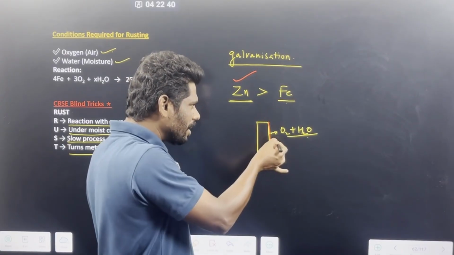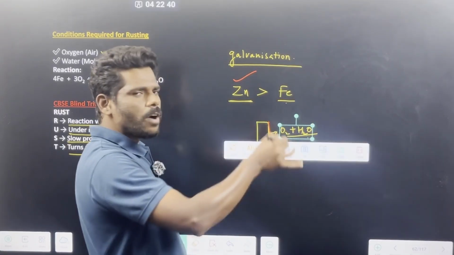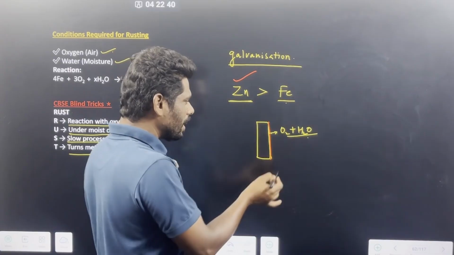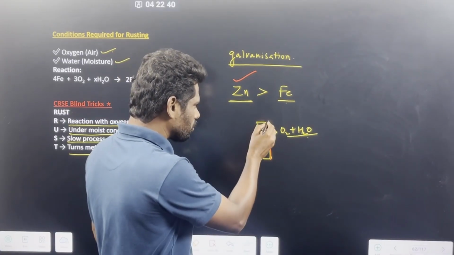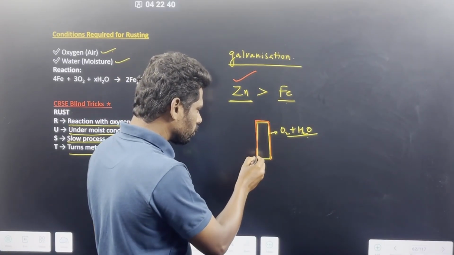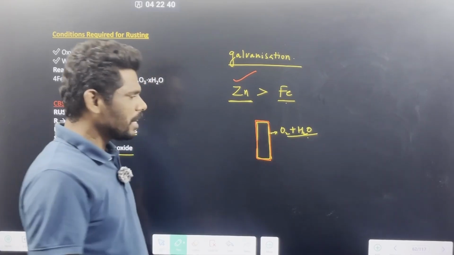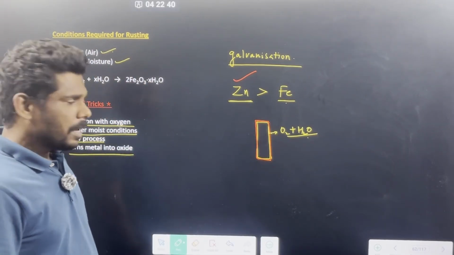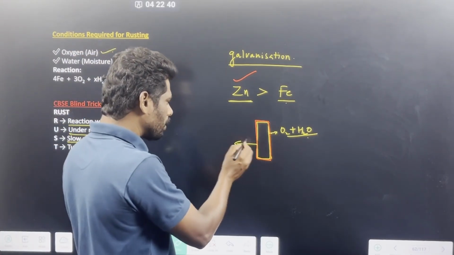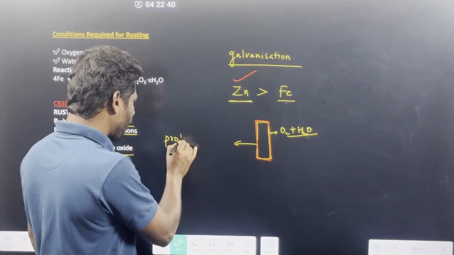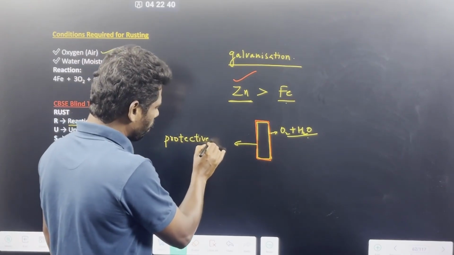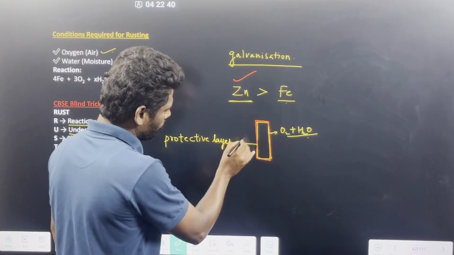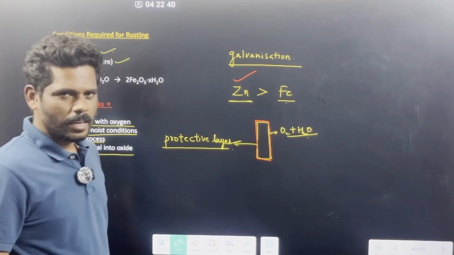Once zinc forms rust, automatically a protective layer is formed by the zinc, like an armor.